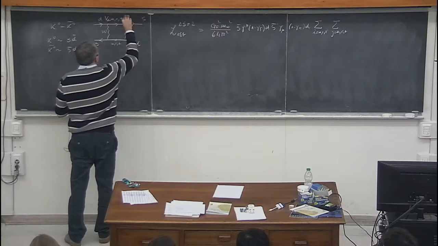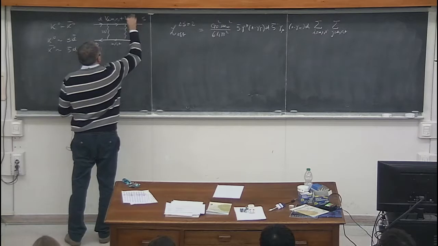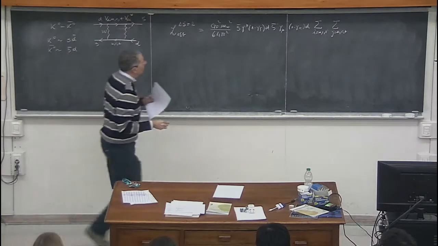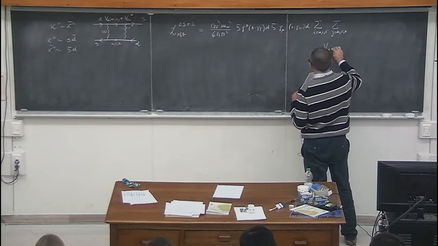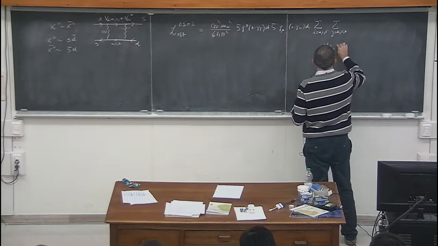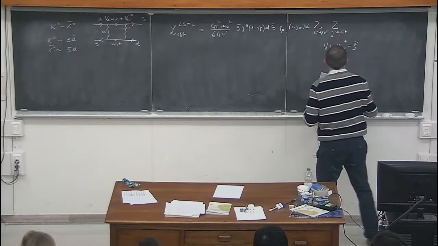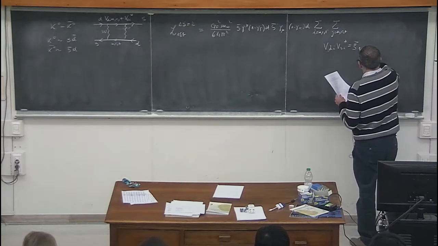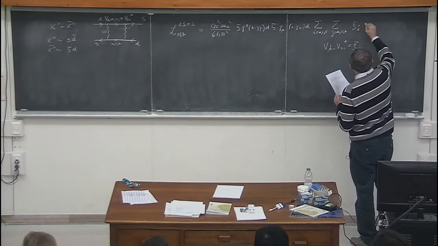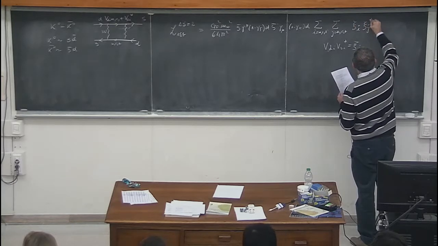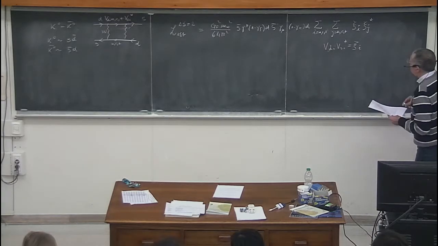So you have a product V_id V_is complex conjugate, which is what I called psi_i, psi_j, and then you have a function which arises from the computation of the loop diagram, which is a finite diagram.